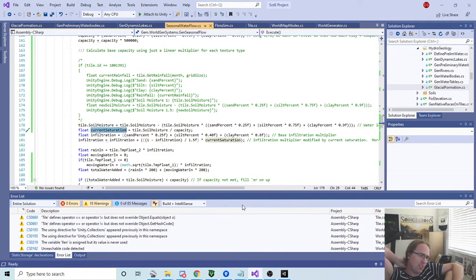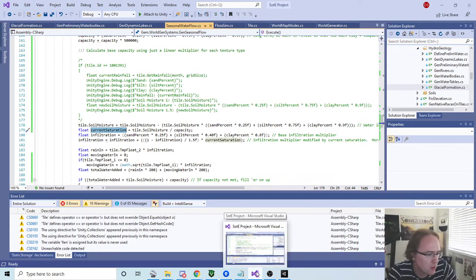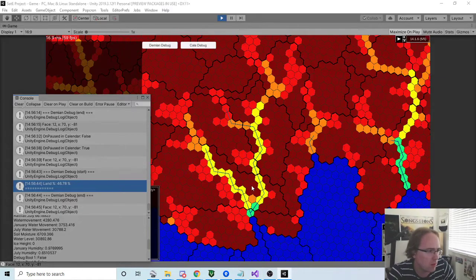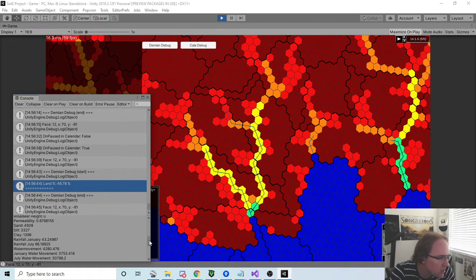So what's going on there, I wonder? Soil moisture. Alright, so let's do a hypothetical. Let's go ahead and grab the figures involved. So what's our texture?